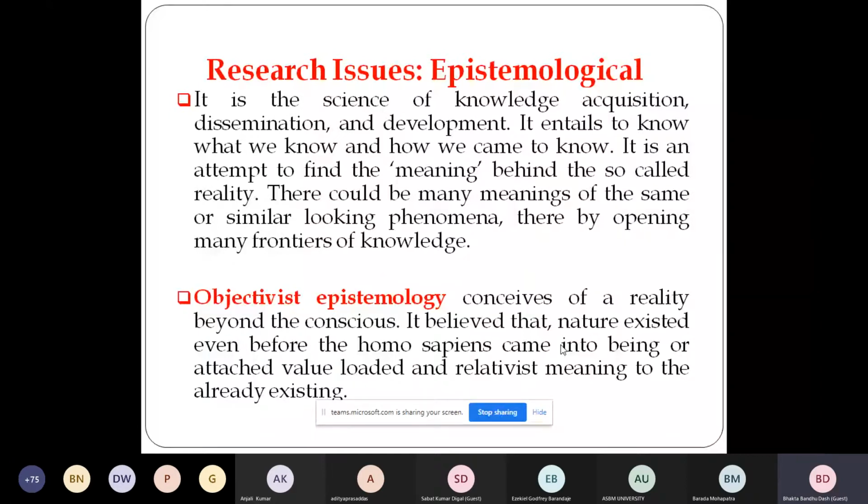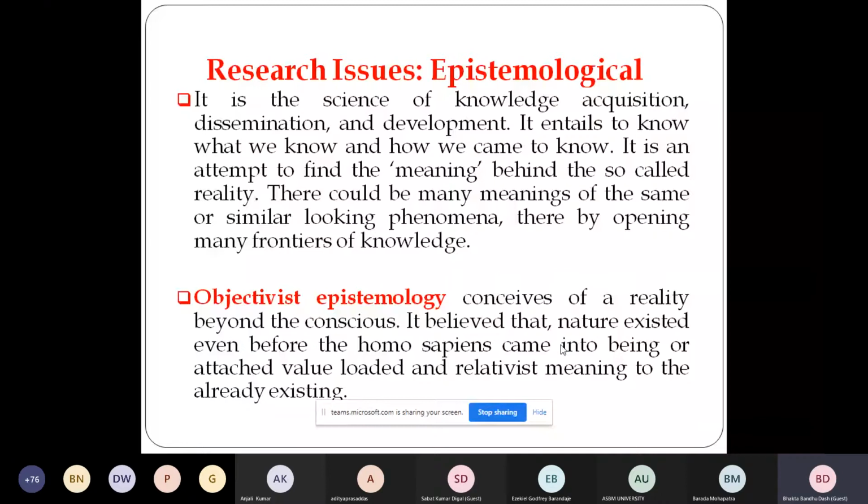In that case, I'll tell you three specific epistemological elements. The first element is objective epistemology. It conceives of reality beyond consciousness. It believes that nature exists even before Homo sapiens, who came into being and attached value-loaded and relativist meaning to what already existed.